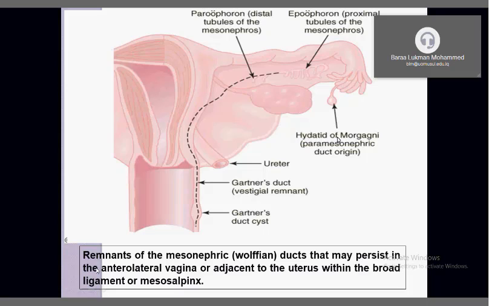While the hydatid of Morgagni represents a remnant of the proximal part of the Mullerian duct, which appears as a cyst attached to the fimbria, and this can be of variable size.